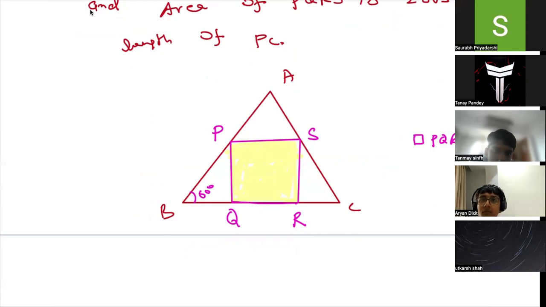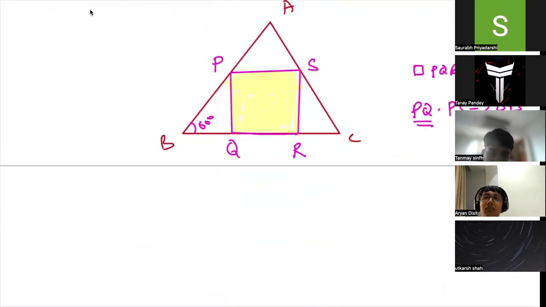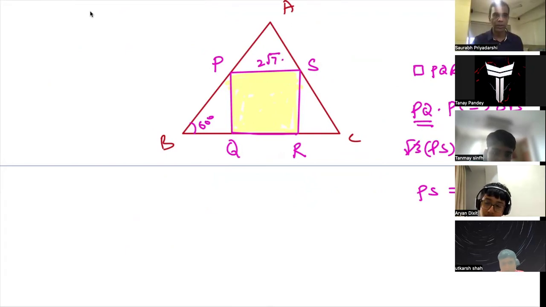Means PQ into PS is 28 root 3, and the relation between these two is given: PQ is root 3 PS. So I can find root 3 PS square is 28 root 3. Cancelling out, PS is 2 root 7. And similarly, we can find the value of PQ also.